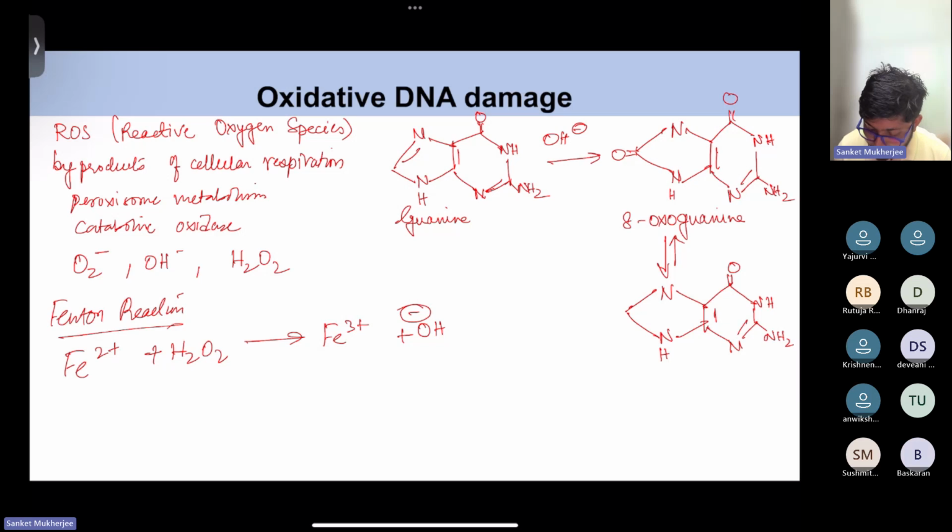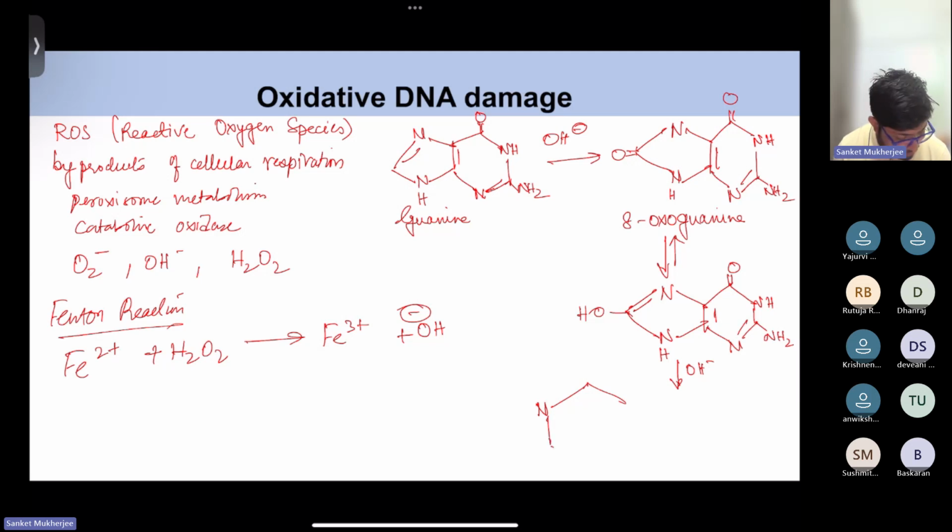Instead of oxo, there will be a hydroxy group, right? And we will have something like this. Yeah, this is another thing which can happen. Again, a larger amount of hydroxyl radical will cause further damage and formation of a fragmented purine structure, which is called formamidopyrimidine. It looks something like this. These structures are not very important.